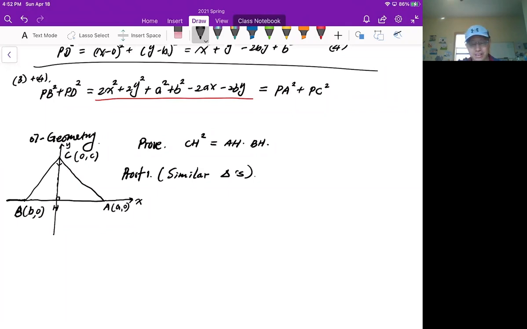The other condition says the following: AC is perpendicular to BC. So let me write down the condition here. So given AC is perpendicular to BC, and CH is perpendicular to AB.